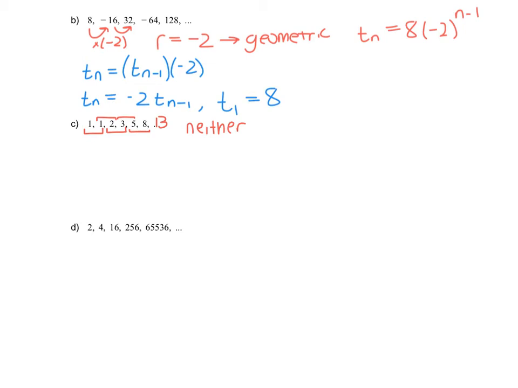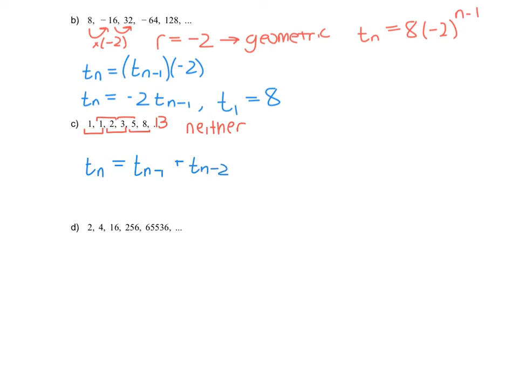So to get the next number, you're adding the previous two numbers, which means for our recursive formulas, I don't only depend on the previous term, I depend on the one before it. And the one before it would be represented by Tn minus 1. So to get any number, I'm adding the previous number to the number that came before it.